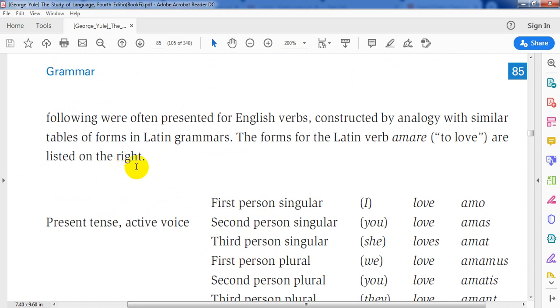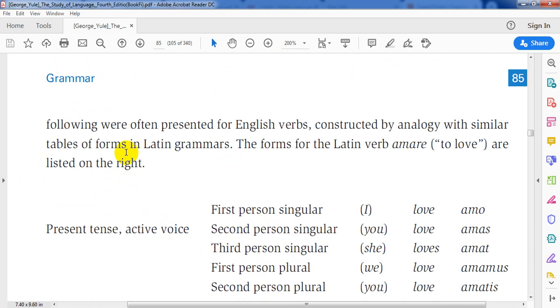So here, for example, we have the verb ama, which is in Latin. This is an example of how the Latin language describes the verb to love.